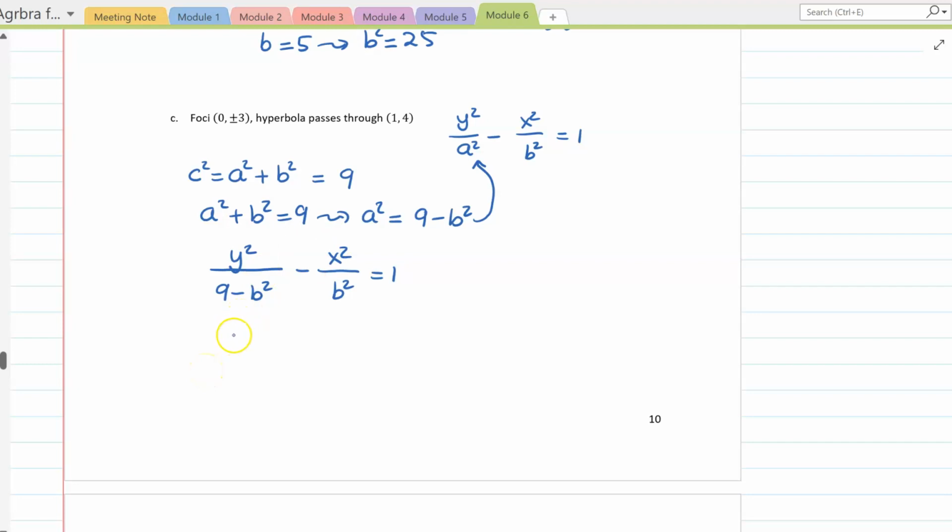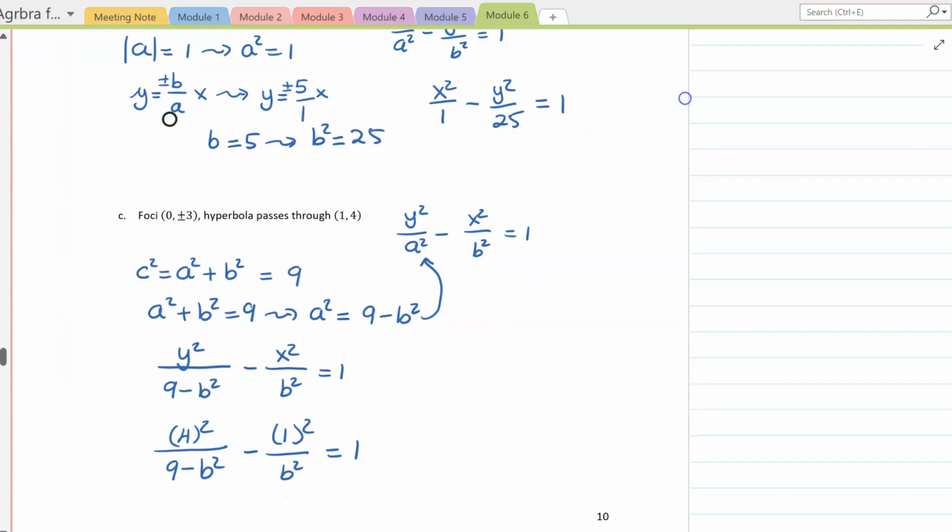So 4 squared divided by 9 minus b squared minus 1 squared divided by b squared equal 1. I can solve this equation for b as follows.